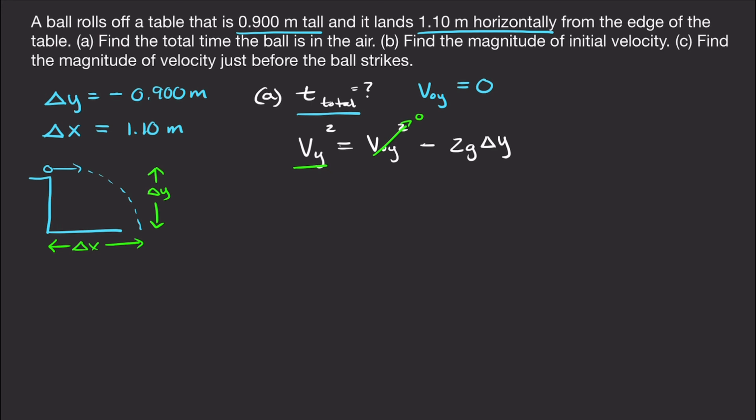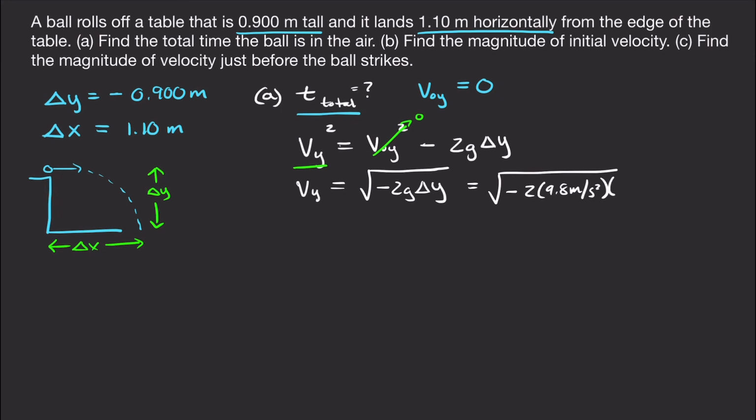And then I need to take the square root of both sides. So Vy is the square root of minus 2g delta y. And this is why it's really important for your displacement to be negative, because I have a negative sign under my square root. But because it's falling and delta y is negative, that's okay.